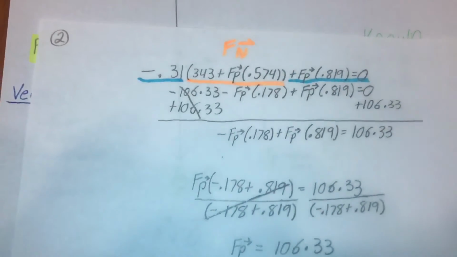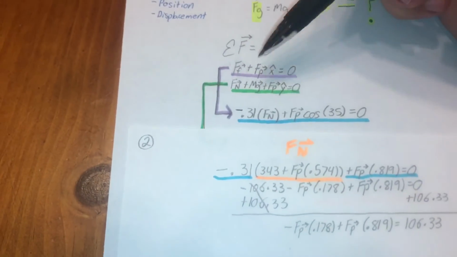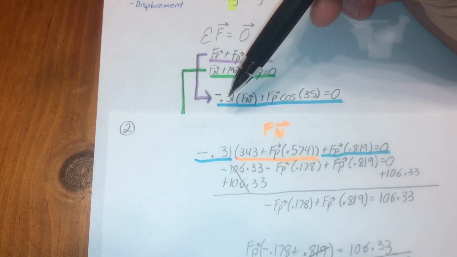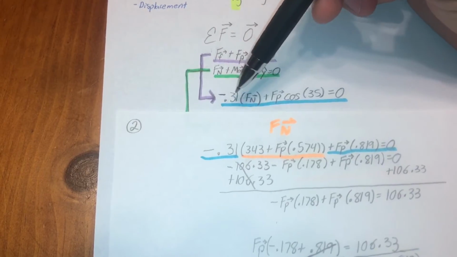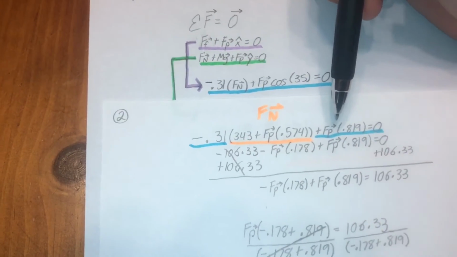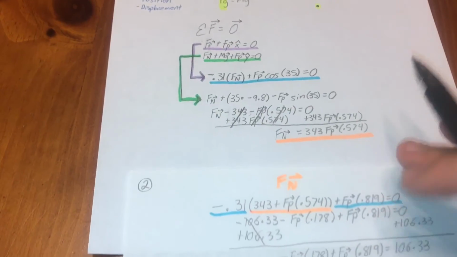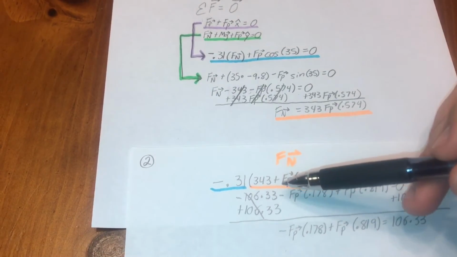So basically what I did was I tried to color code it to help out. So negative 0.31 Fn plus Fp cosine 35 equals 0. Then I plugged in Fn to this part of the equation.